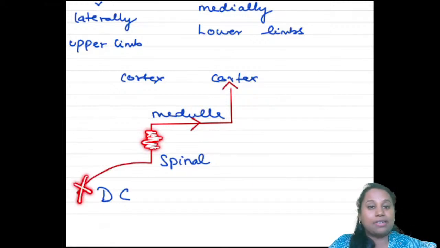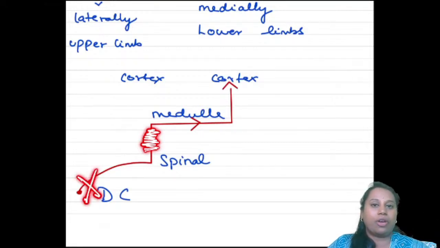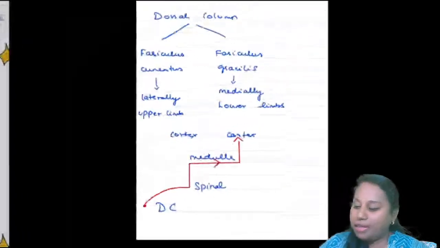So it is the ipsilateral, same half of the body, because dorsal column fibers don't cross in the spinal cord. They ascend on the same side. They cross only in the medulla to the opposite side. So if you have any damage to the dorsal column fibers in the spinal cord on this side, patient will lose his dorsal column sensation on the same side.